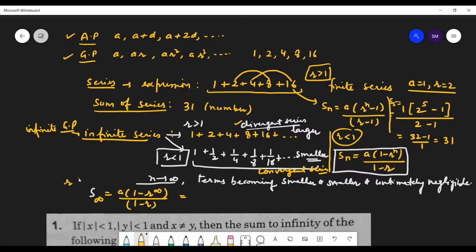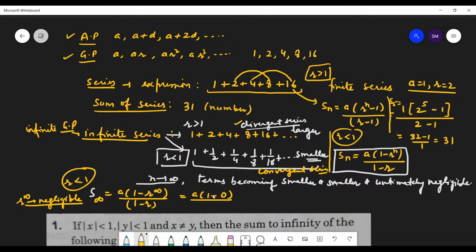Now r is less than 1. So a number which is less than 1, you will multiply it infinite times. So this number will also be very, very small. So r raised to the power infinity will be negligible. Agreed? Yes, sir. So negligible, you can write 0.